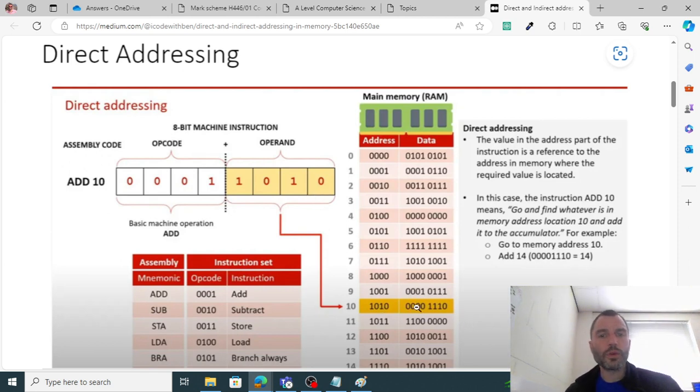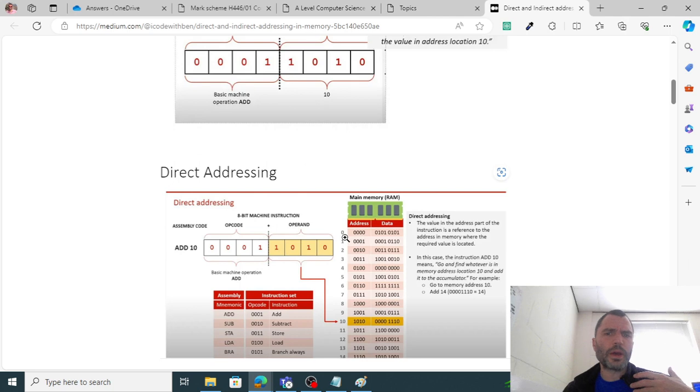You see here we've got 8 bits stored in that data, whereas we've only got 4 bits in the operand. So a 4-bit operand can refer to all those addresses, and then those addresses can have an 8-bit binary number in, which gives us more data, more numbers to work with. It also means that we can make better use of memory.